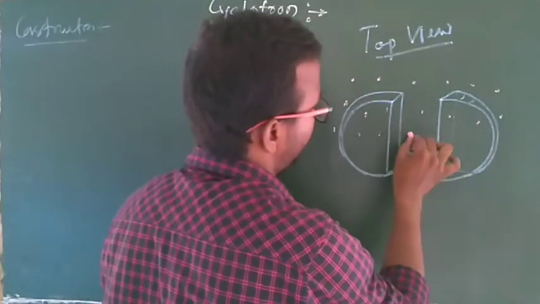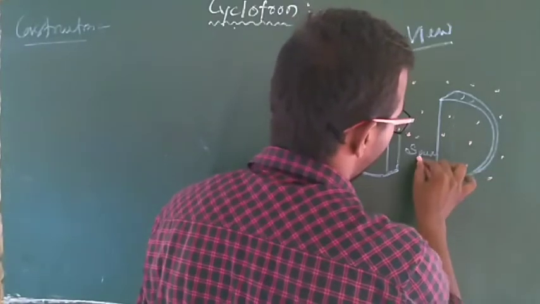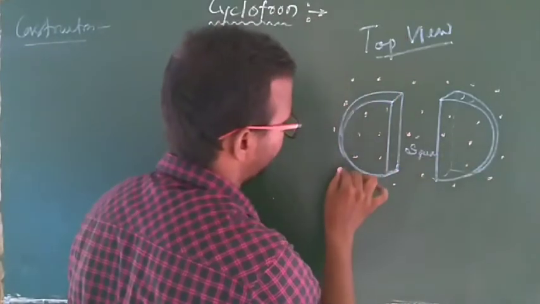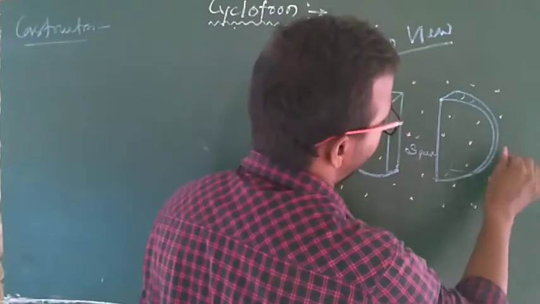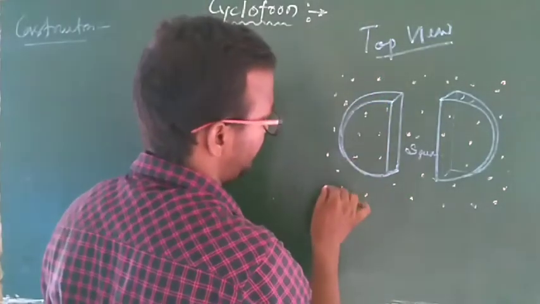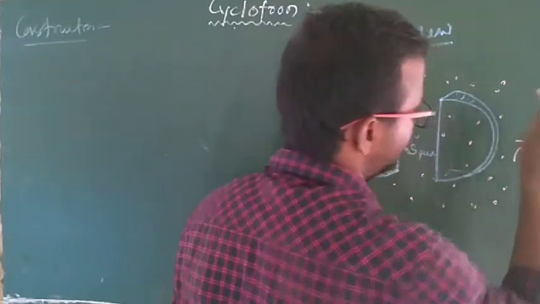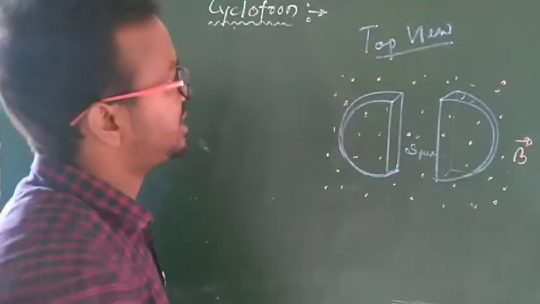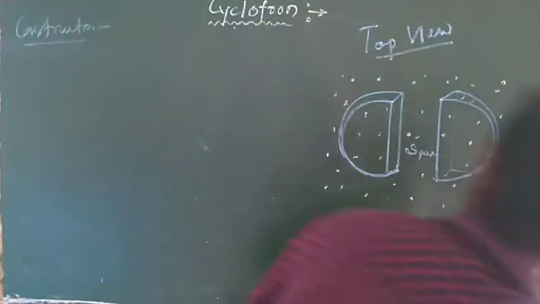The magnetic field is very strong and uniform, and the two D's are perpendicular to the uniform magnetic field. This magnetic field strength B is coming outward in the top view. Clear? Okay.